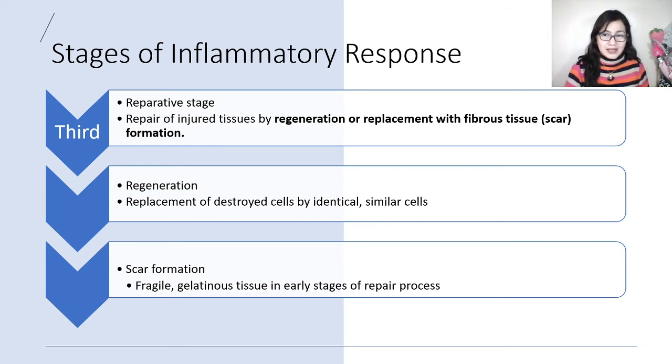It is fragile, gelatinous tissue, appearing pink or red because of many newly formed capillaries. Later in the process, the tissue shrinks and the collagen contracts. So you can see a firmer fibrous tissue that remains, and that is called the scar. It's also called cicatrix.